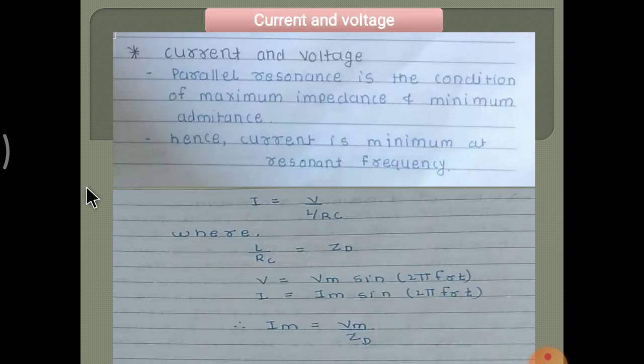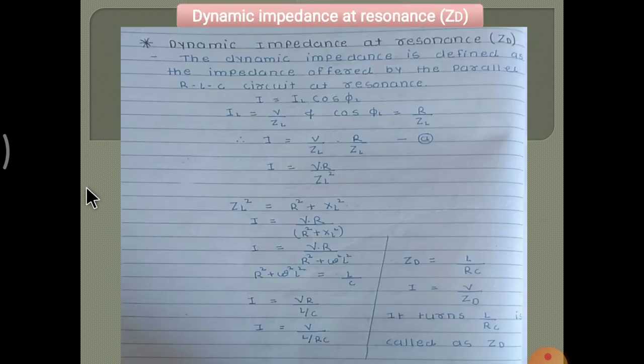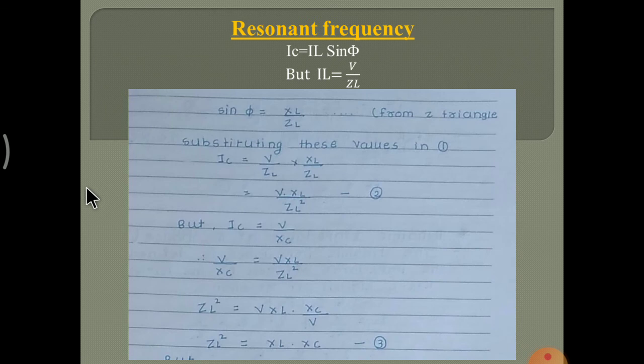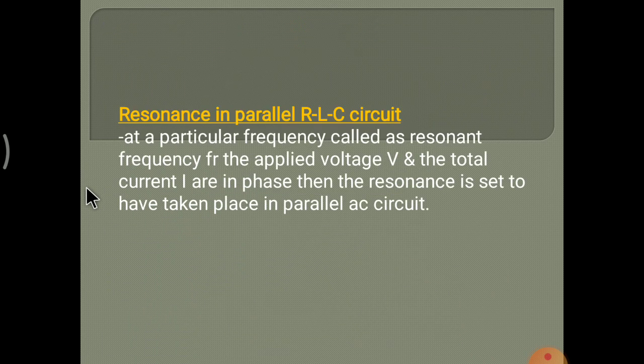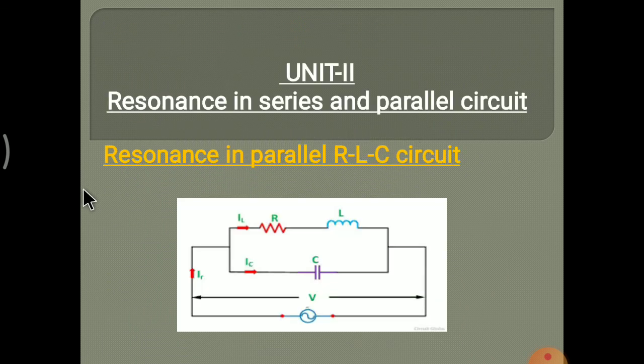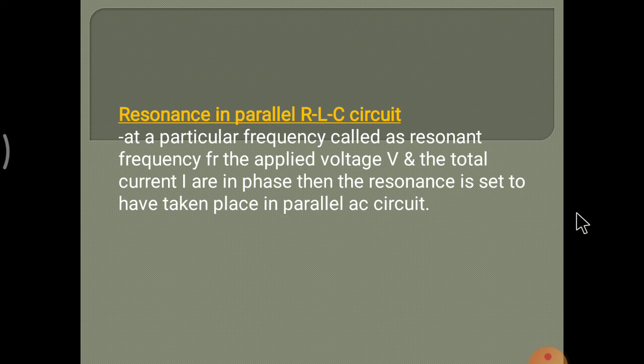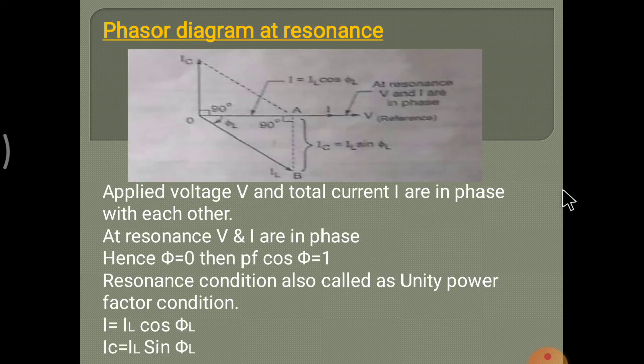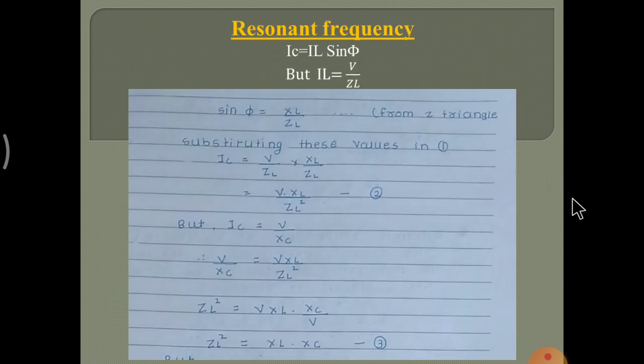In this lecture, we discussed the parallel resonance circuit. The chapter is unit number 2, resonance in series and parallel circuits, and this topic is resonance in parallel RLC circuit. We saw the phasor diagram at resonance frequency.